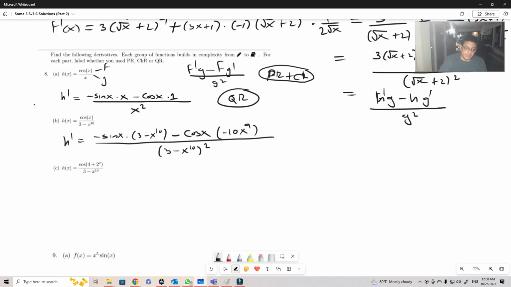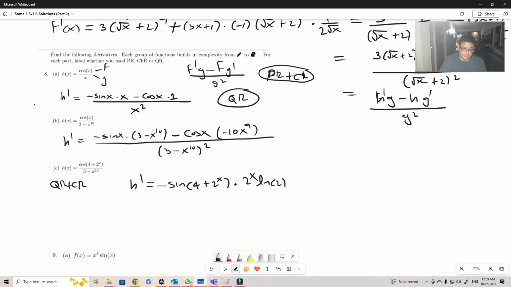Now this one is definitely a quotient rule, but we also have a chain rule because the cosine is composed with something inside. So h prime here is going to be the derivative of this cosine, which is minus sine, but it's minus sine of 4 plus 2 to the x. So I have to actually multiply by the derivative of the stuff inside, which is going to be 0 plus 2 to the x log of 2.